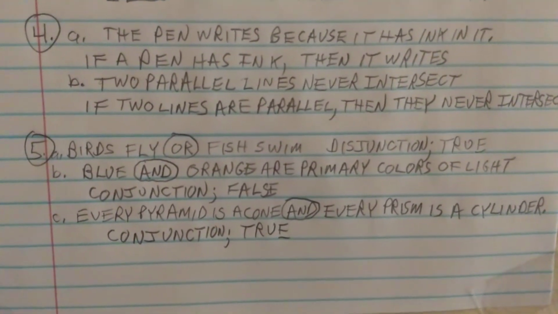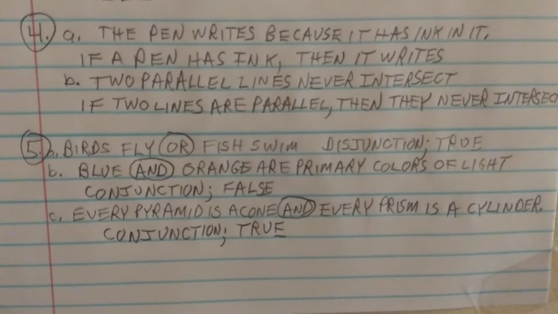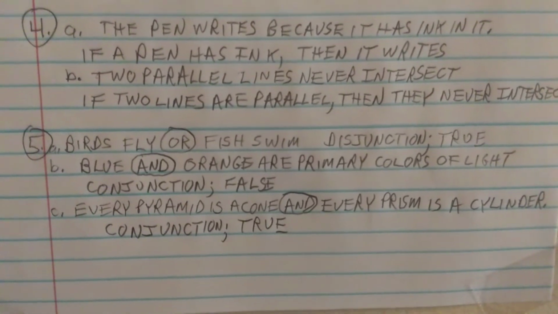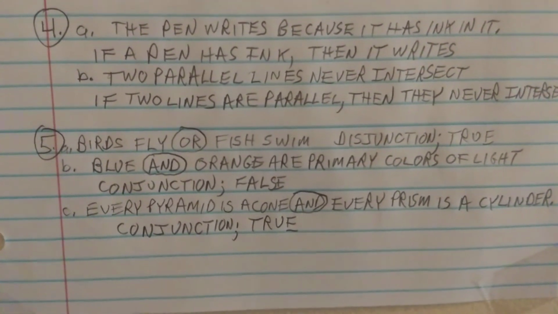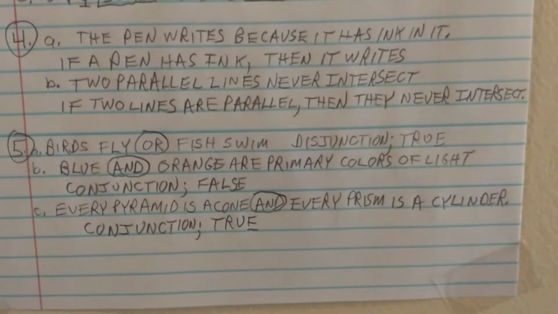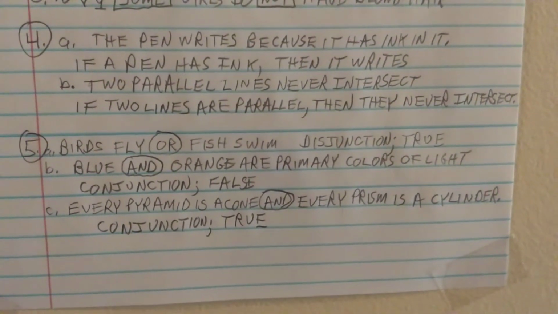Now for 5, we're to figure out whether it's a disjunction, an or, or a conjunction, an and, and whether the statement is true or false. So birds fly or fish swim, both parts are true, it's an or, so it's a disjunction and it's true. Blue and orange are primary colors of light.